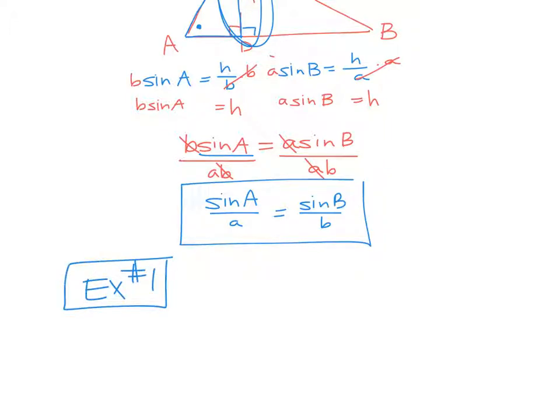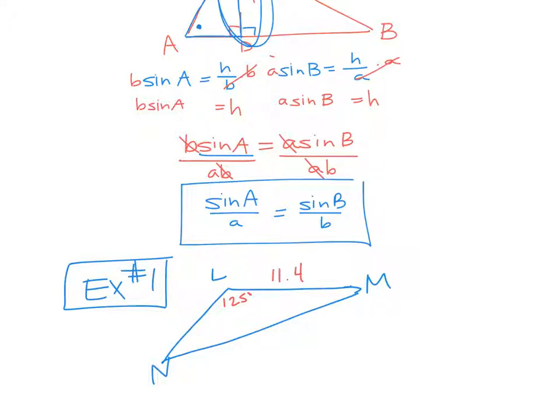First example, let's say you have, and this is not necessarily drawn to scale here, but you'll have the right pieces anyway. So this is NLM, and we're going to say angle L is 125 degrees. This is 11.4.